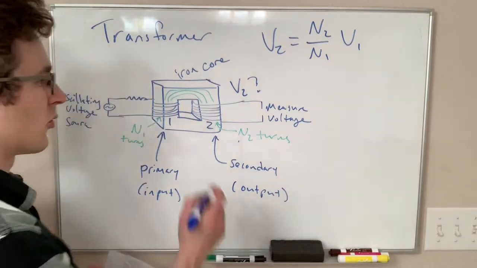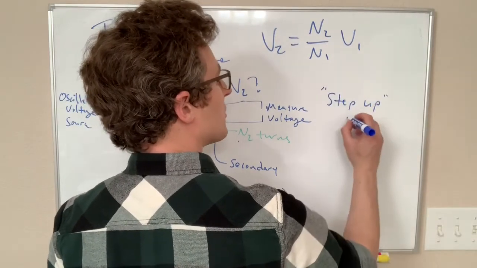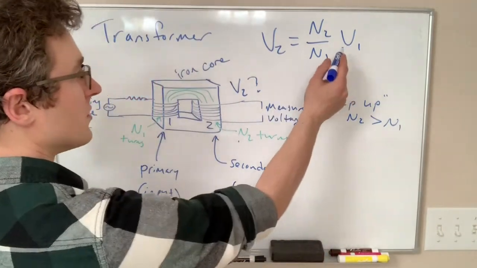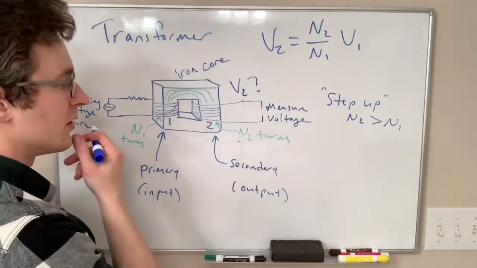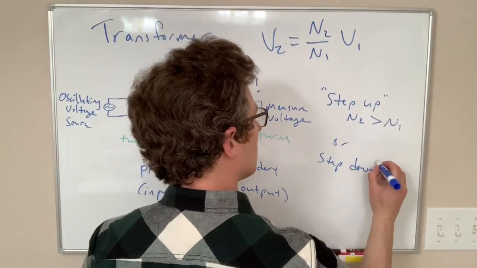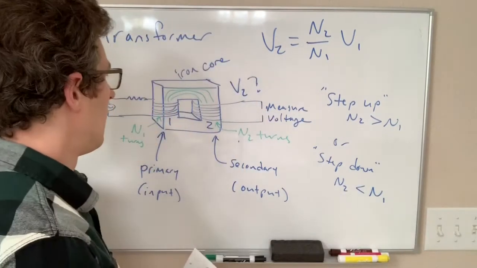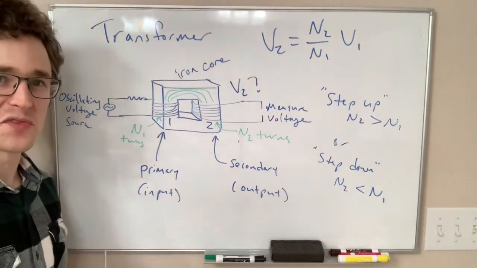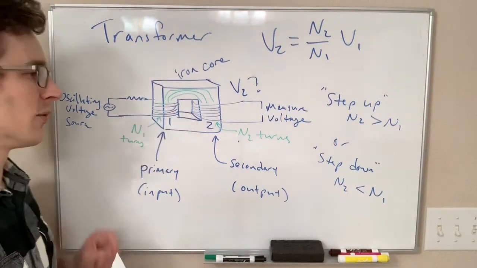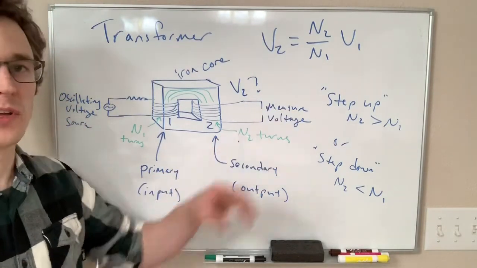And you can make transformers that are step up transformers where N2 is greater than N1, so V2 is greater than V1, or step down transformers where N2 is less than N1. There are also special applications for isolation transformers where N1 equals N2, and you're just using the transformer as kind of a filter to separate one side, your input side, from the other side.